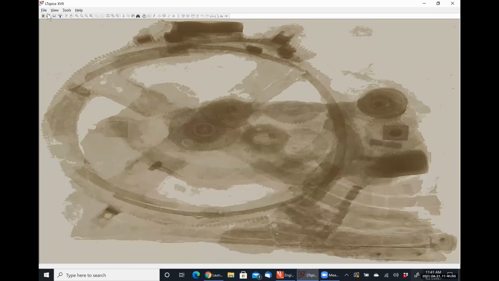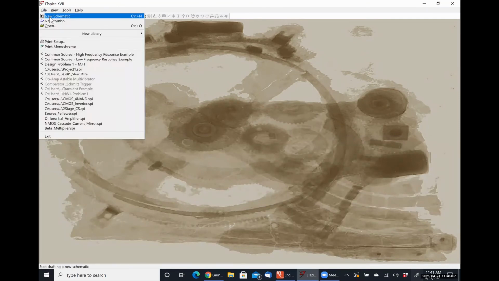Because you probably need to know how to set these things up. All right, so let's say we're going to do a simple RC circuit.